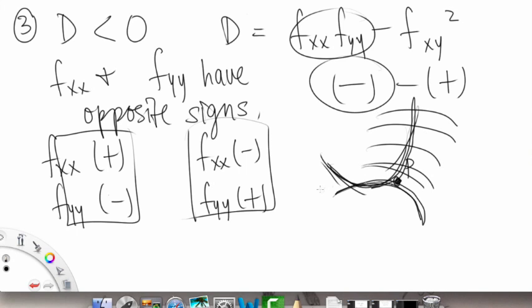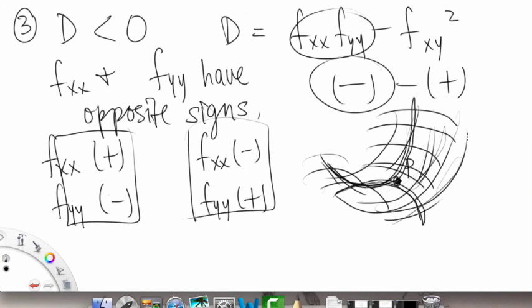In the y direction, we keep going down, down, down, but in this direction, we keep going up, up, and up, concave up. Sorry if the depiction doesn't look too pretty. I'll admit that it does not. But anyways, it looks like a saddle. That's the basic point, that our fxx and fyy don't agree. They're going in opposite directions. Alright, so that's basically it.